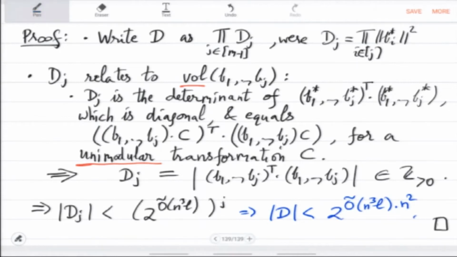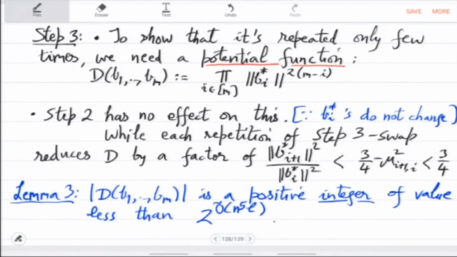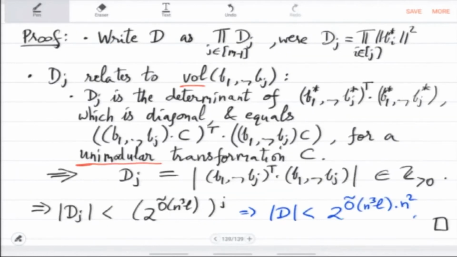Okay, so that's a bound. That's a lazy bound on the potential function, which proves the lemma. So the potential function is a positive integer of value less than 2 raised to O tilde n to the 5L. Okay. So now we have what we wanted.